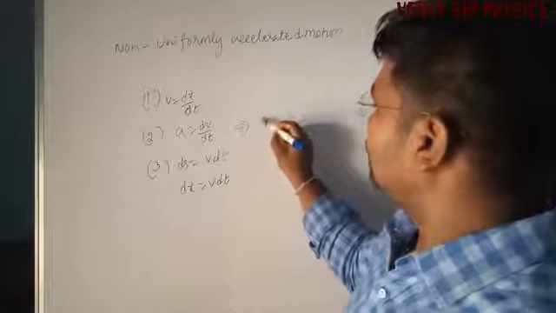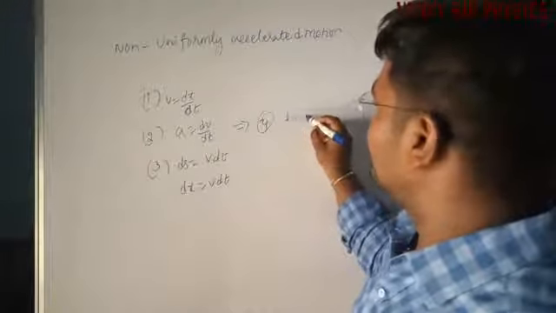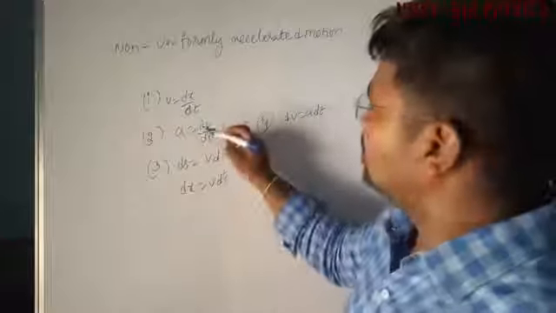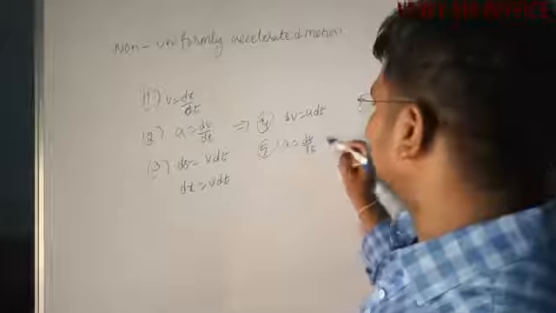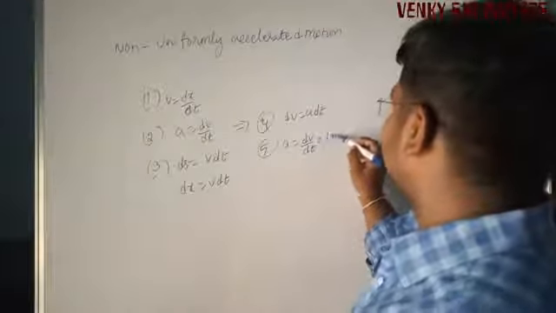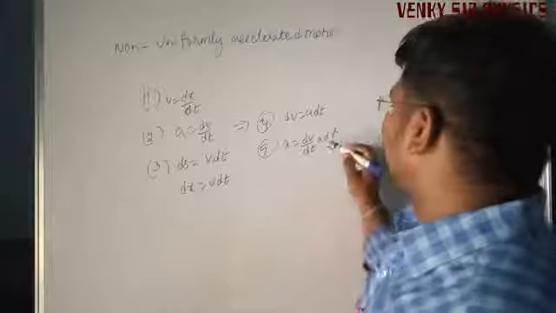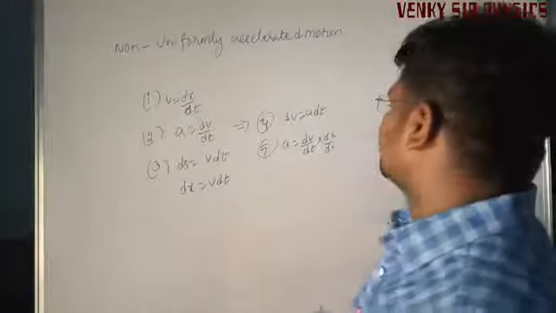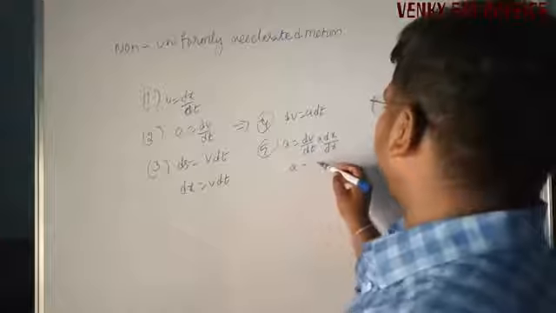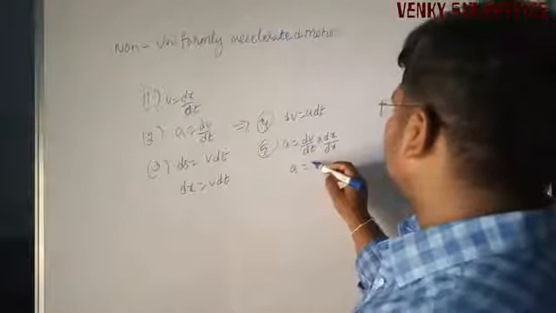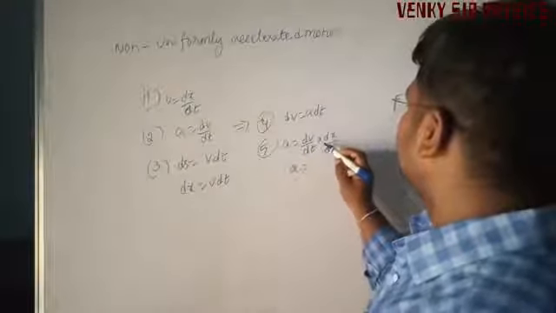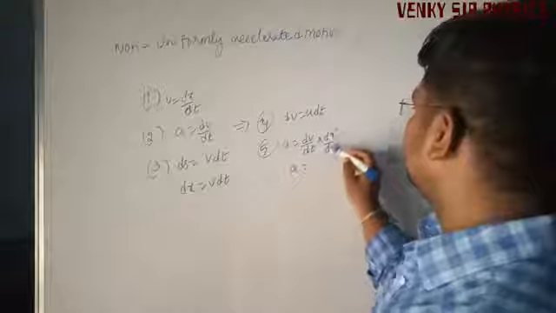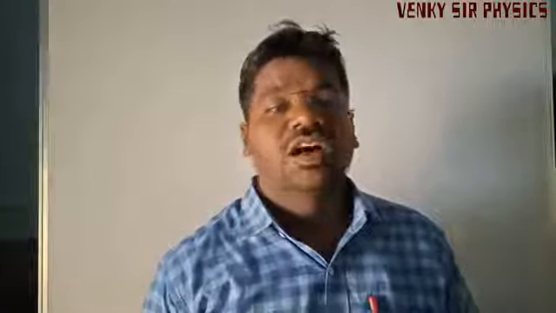Fourth one, acceleration we can write as a is equal to dv by dt, multiplied by dx by dx, which gives a is equal to v dv by dx.